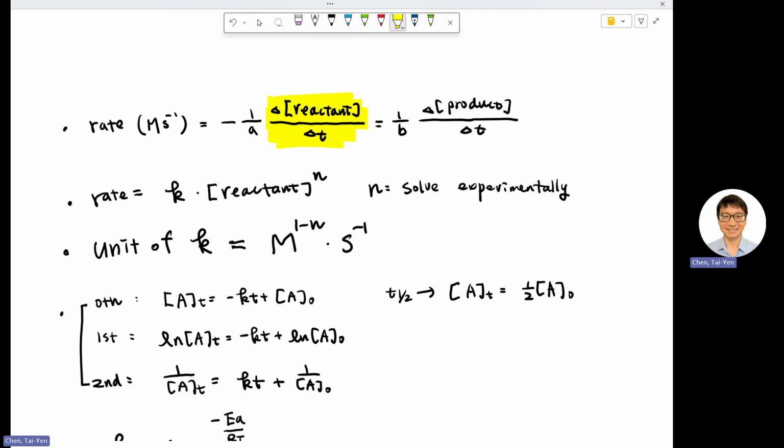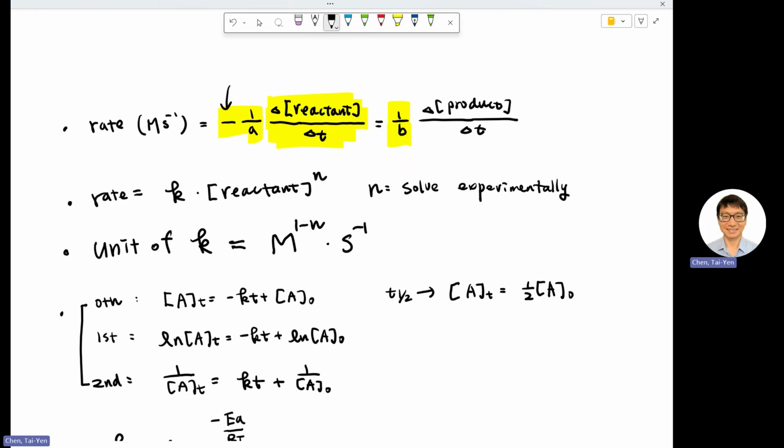But neither of these two terms represents your reaction rate. To calculate your reaction rate, you need to further normalize by its coefficient, and sometimes you need to insert the negative sign so that the rate becomes positive. So you need a very clear distinction between the overall reaction rate and the disappearance rate of your reactant or appearance rate of your product. Those are three different terms.